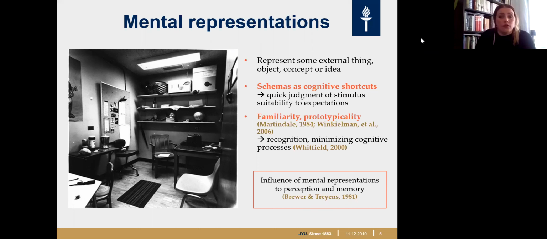To give an example of a schema, we might have a schema of a bicycle, which is sort of an abstraction of all the bikes that we have encountered. It represents some prototypical features of bikes, and whenever we confront another bike, we quickly match the incoming sensory input to the existing schema.